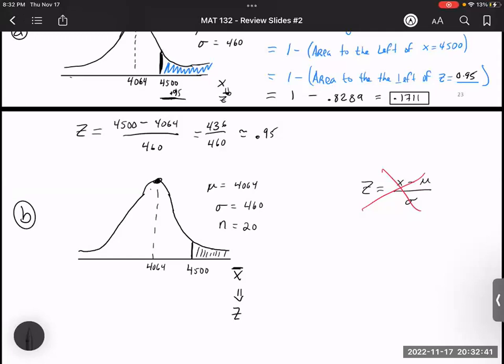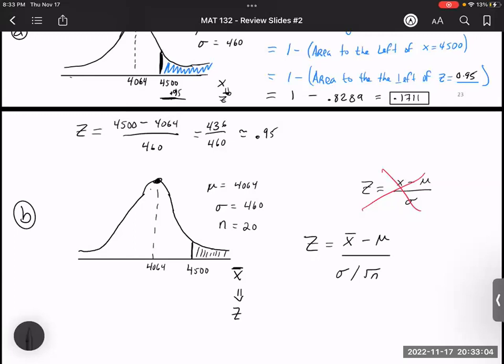So the formula that we're going to use, yes, it's the central limit theorem. It's z equals the sample mean minus the population mean over the standard deviation divided by the square root of n. This comes from the central limit theorem.